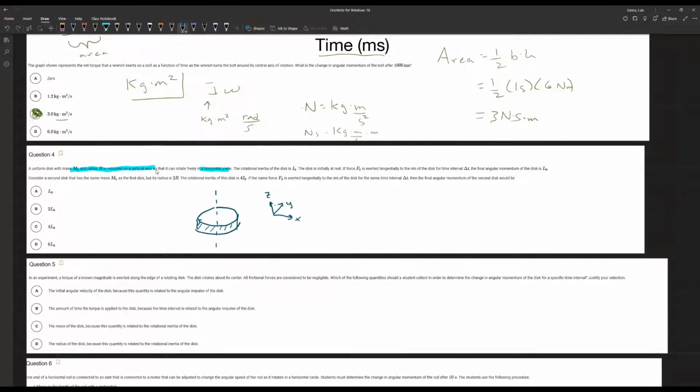This isn't terribly important, but a lot of people get hung up on the idea that they can't visualize it. The rotational inertia of the disk is I naught, and the disk is initially at rest. If a force is exerted tangentially to the rim of the disk for a time interval delta t, and the final angular momentum of the disk is L original, consider a second disk that has the same mass as the first, but its radius is 2 times r.